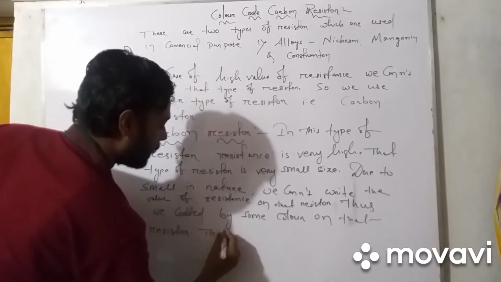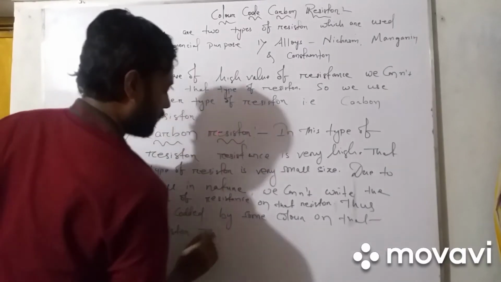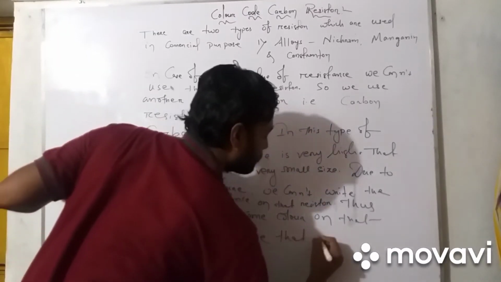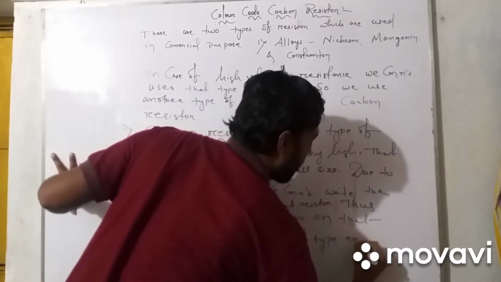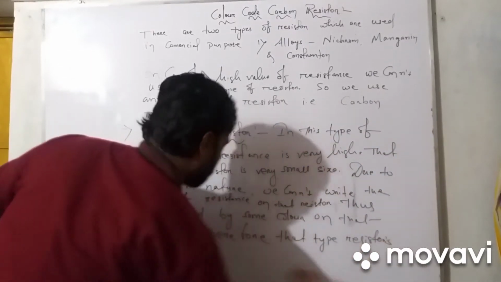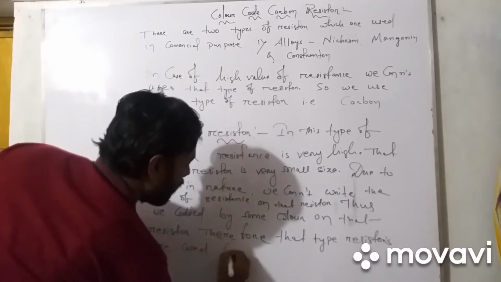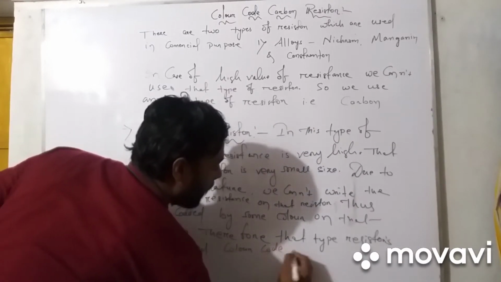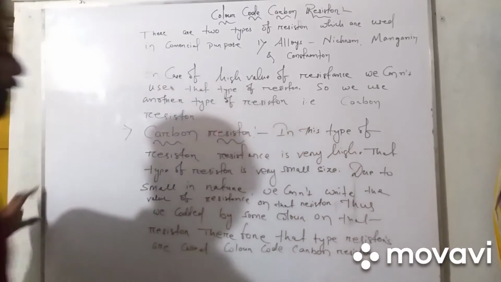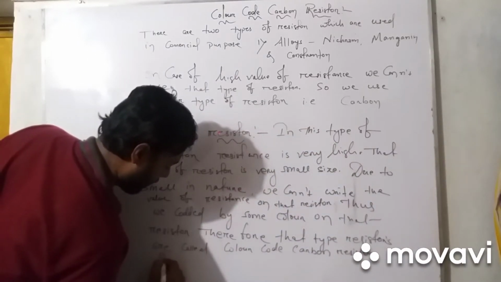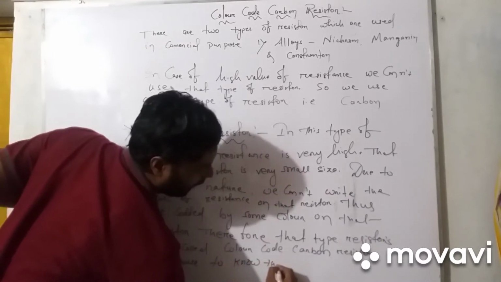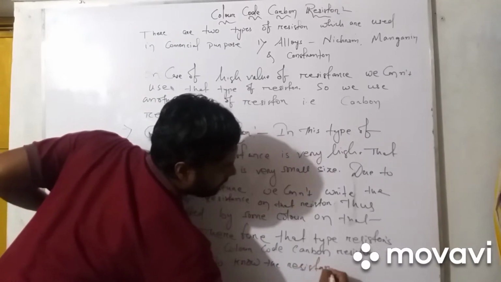Therefore, that type of resistor is called a color code carbon resistor, because the colors let us know the resistance value.